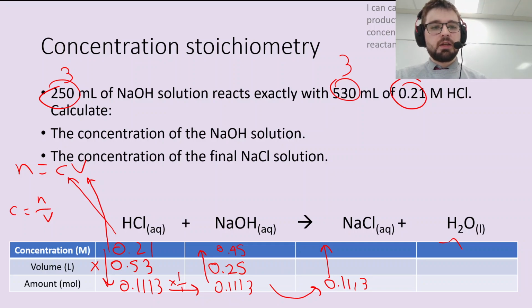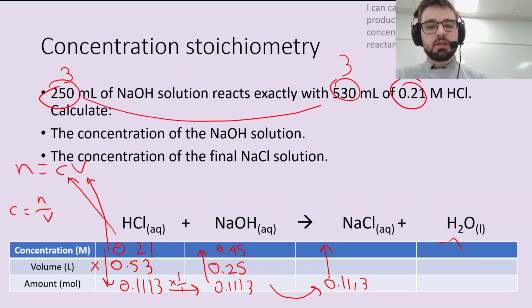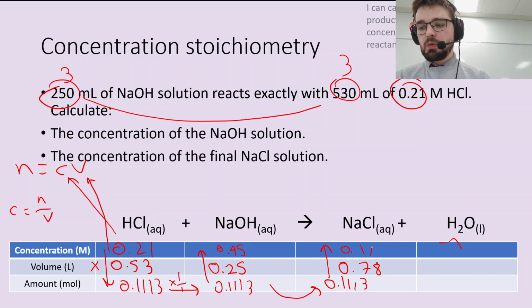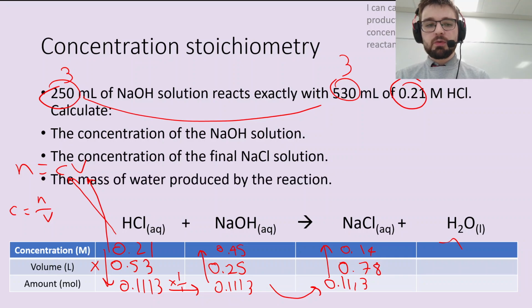So together these add up to 780 mils, or 0.78 liters. So again, we can take our amount, which is 0.1113, and divide it by 0.78, and we're going to get 0.14269, or we're going to round it off to 2 significant figures, so 0.14.